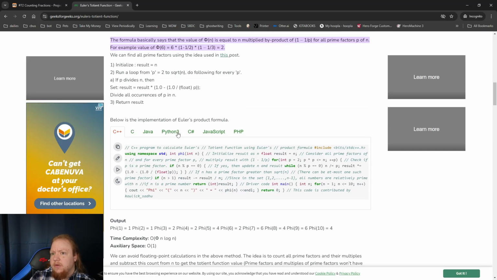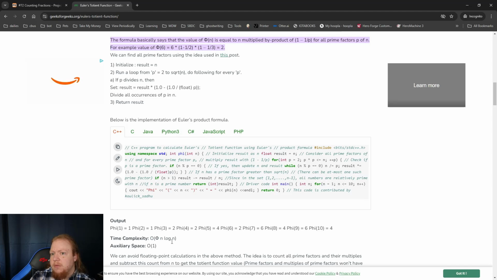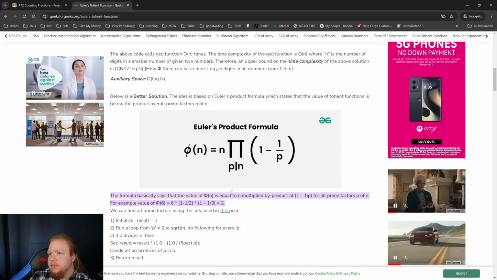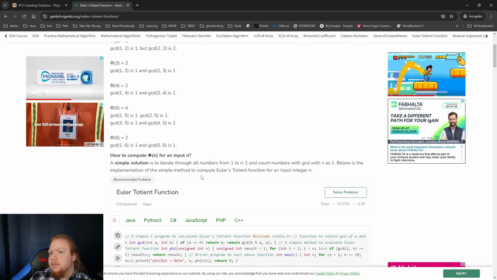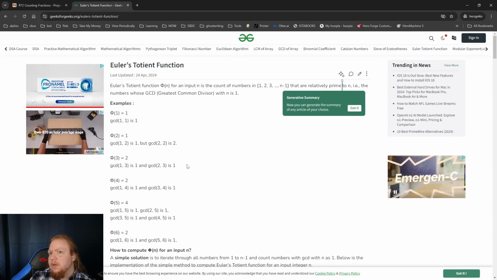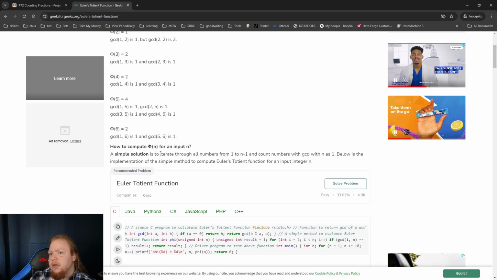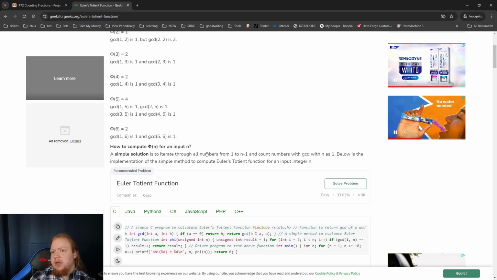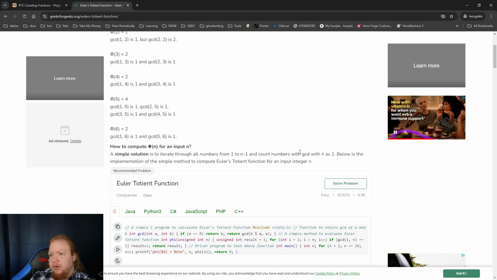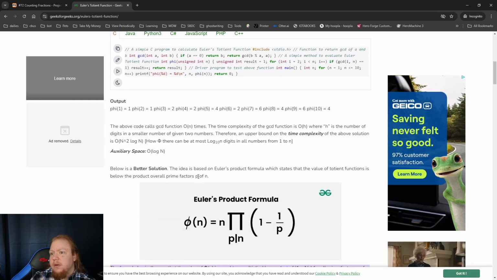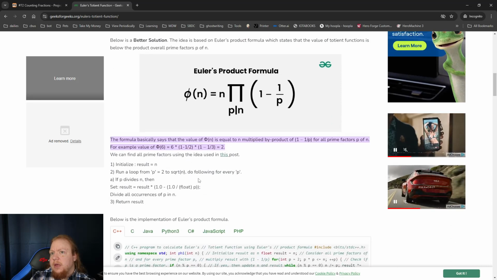Okay, can I see the Python tab? No? Okay. Okay, the first one is the simple solution of iterating through all numbers from 1 to n minus 1 and counting numbers with greatest common divisor equal to 1. Okay.